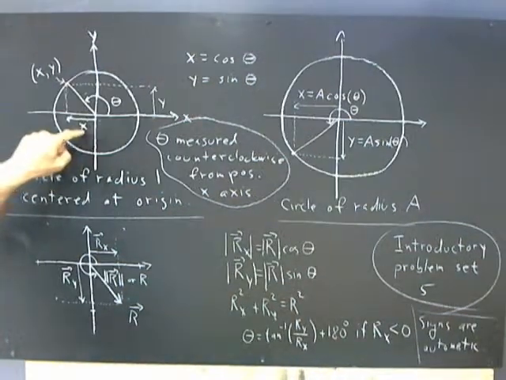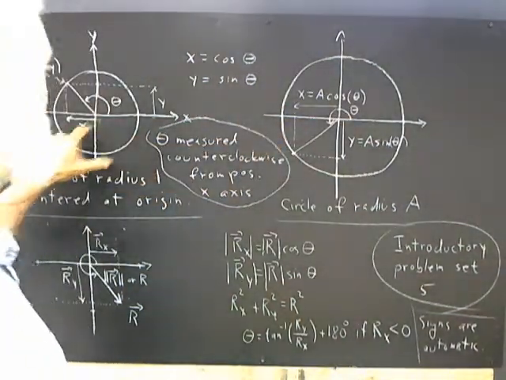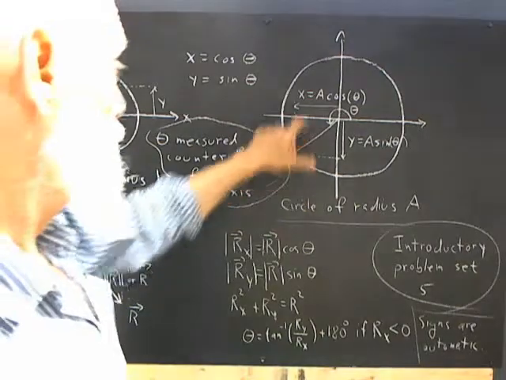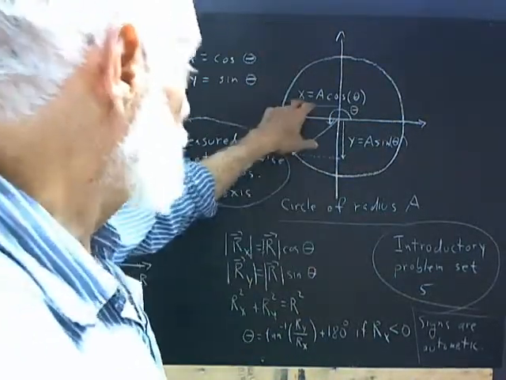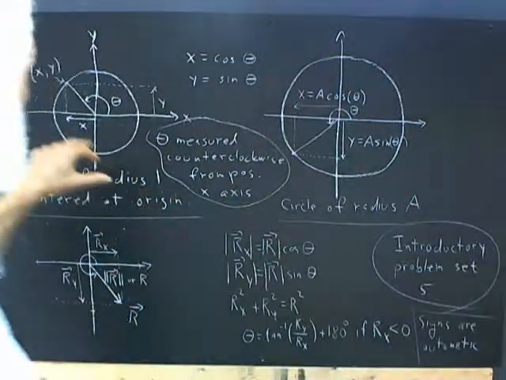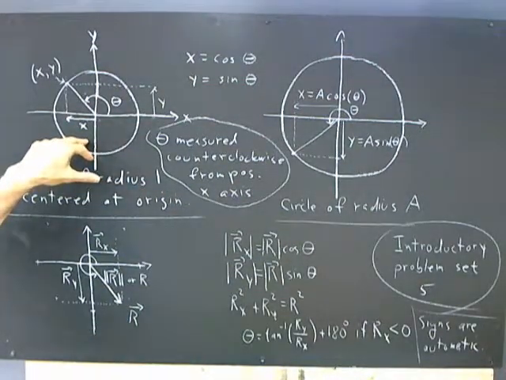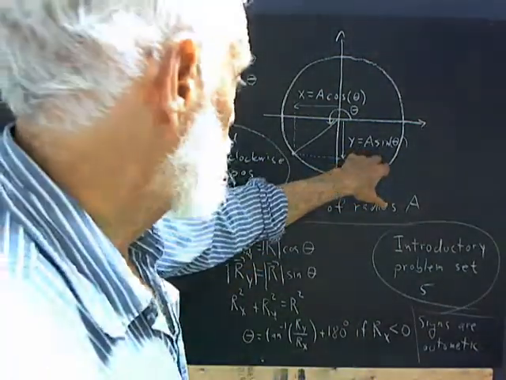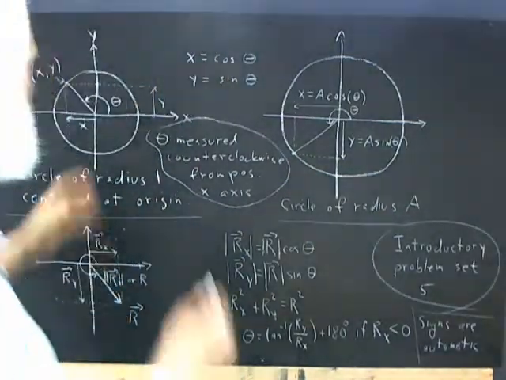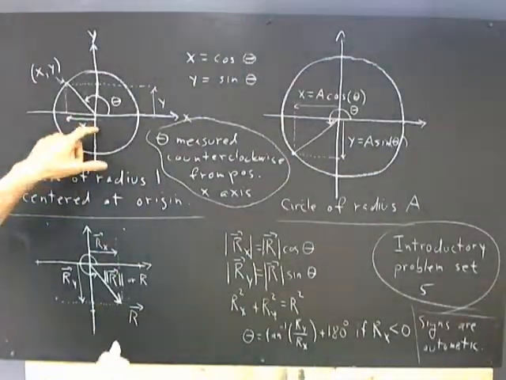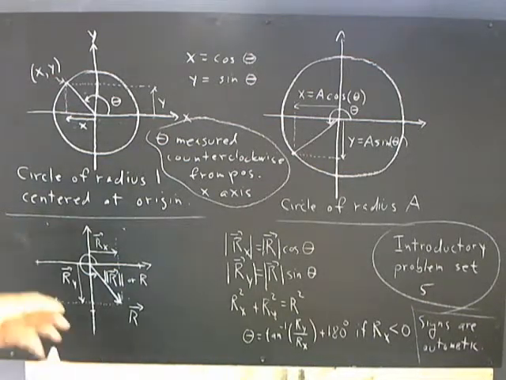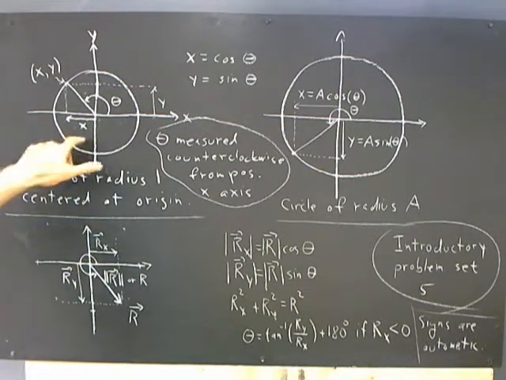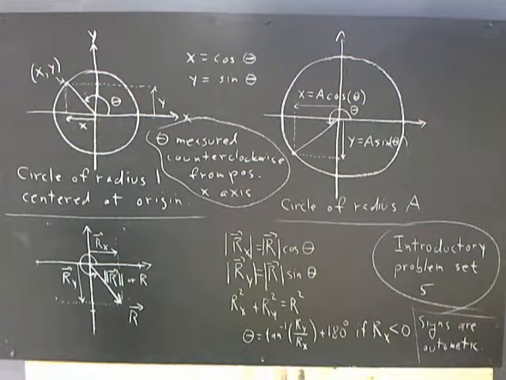Instead of x being the cosine of theta, in this case x is going to be a times as big as the cosine of theta, because x is going to be a times as big as it would have been over here. Similarly, y is a times the sine of theta. So if the circle has radius 2, the x-coordinate of this point is going to become twice as great, so it's going to be equal to twice the cosine of theta.